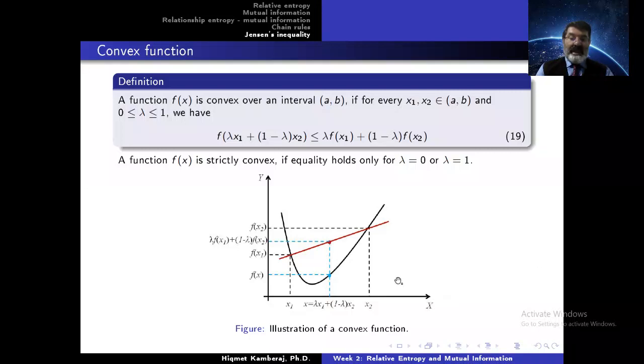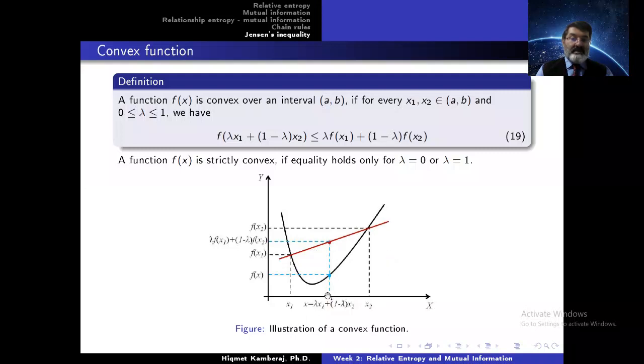Consider an x and y graph. In black it is shown the f of x function. Then we take 2 points, x1 and x2, which are on the interval between a and b. Then we draw a straight line between these 2 points, which is the red line shown here.